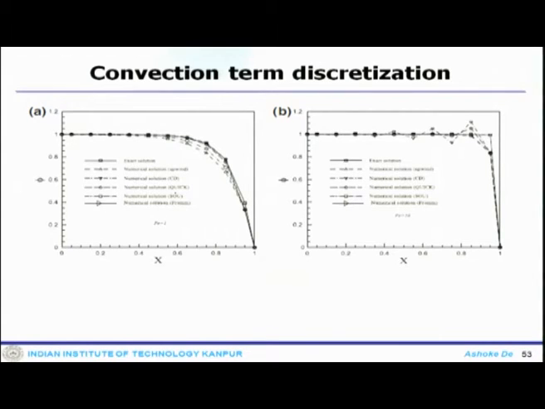these two curves for varying Peclet number. This is Peclet number 1 and this is Peclet number 10, and if you plot all the schemes against the exact or analytical solution, you get upwind, CD, QUICK, second order upwind and Fromm.